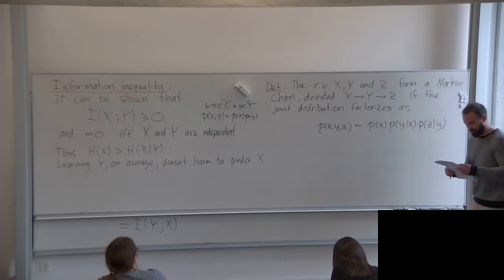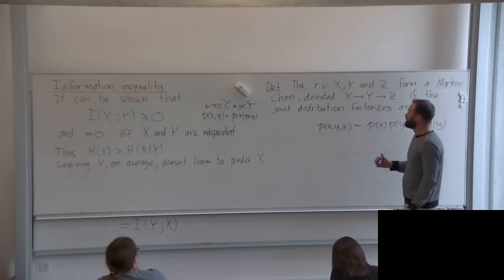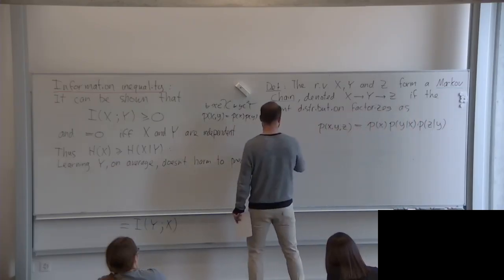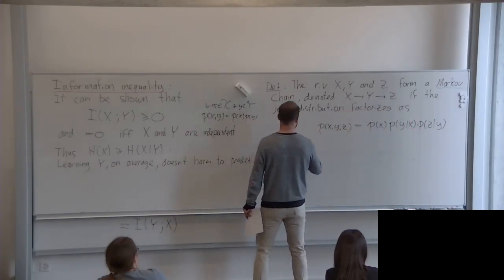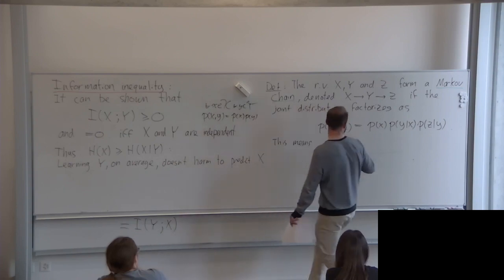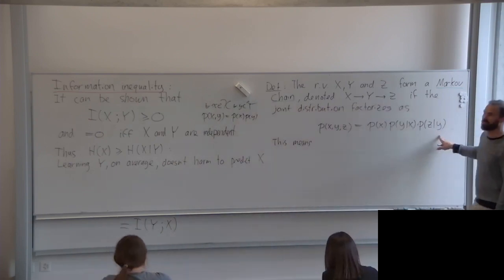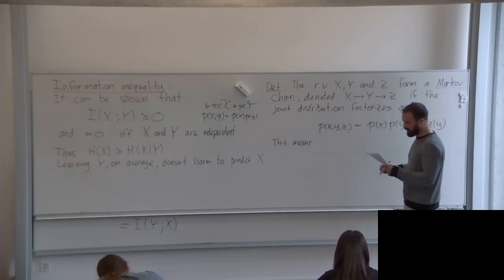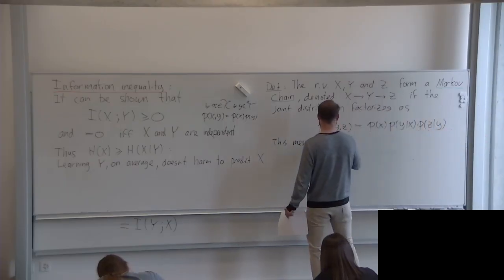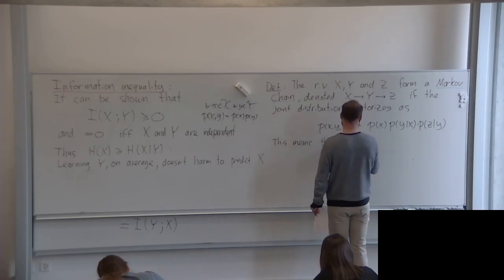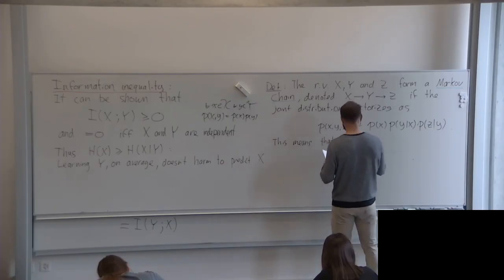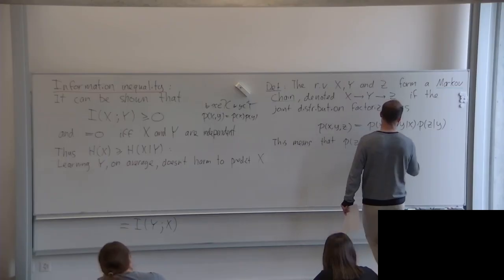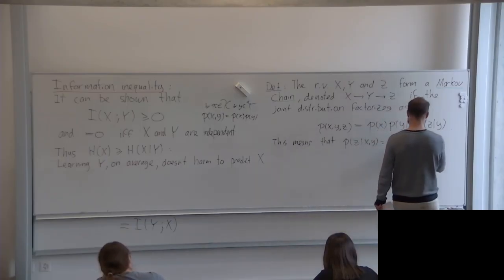And by the way, this means it seems like there's a lot of assumptions in this factorization. In fact, there's not many assumptions. There's only one. This means that P of z given xy is equal to P of z given y.